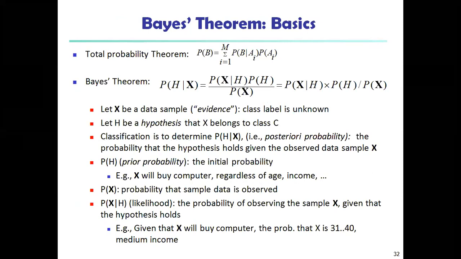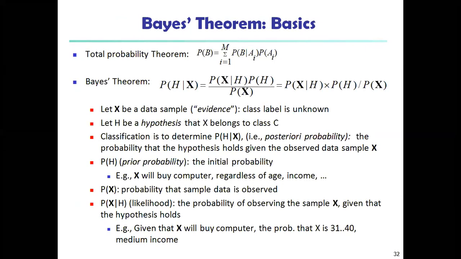The total probability theorem: P of B equals the summation of i equals 1 to M, probability of B given Ai and the probability of Ai. This is simply called conditional probability or Bayes theorem.